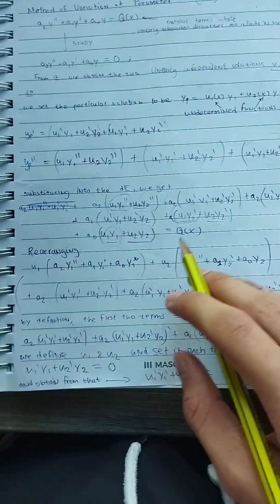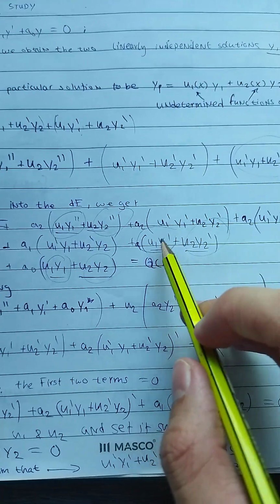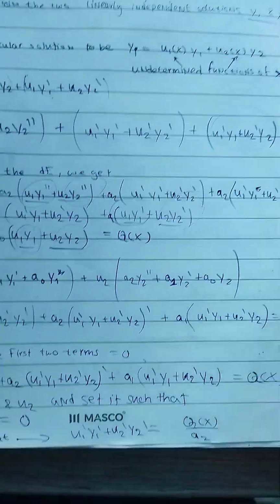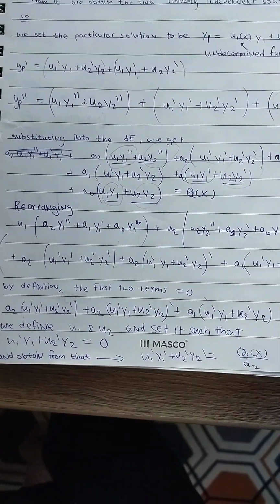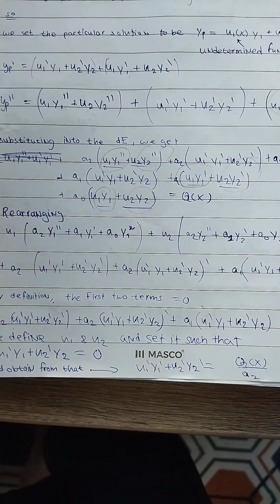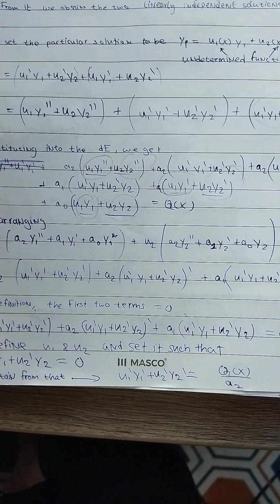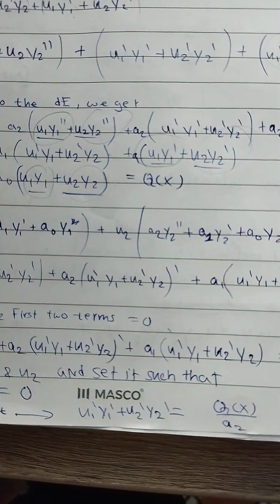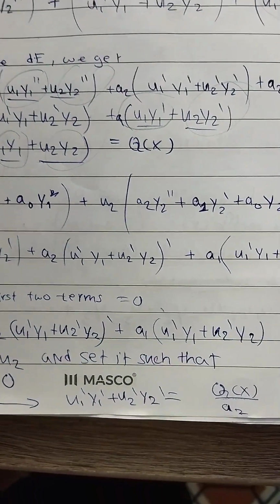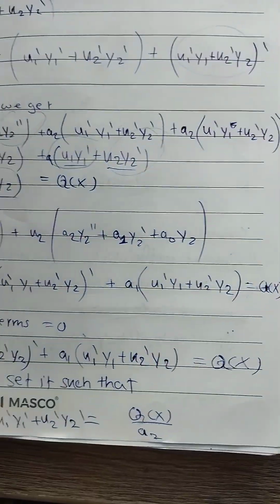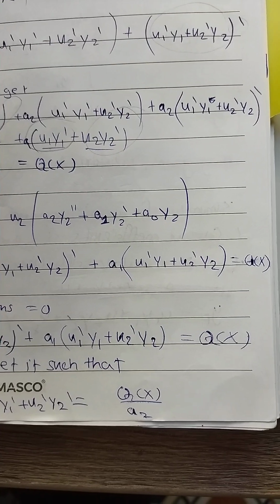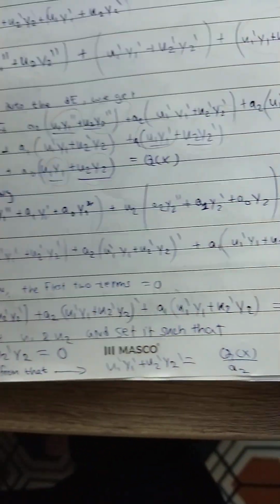Then we have these remaining terms, which I described to you: a2 of u1 prime y1 prime plus u2 prime y2 prime, plus a2 of (u1 prime y1 plus u2 prime y2) prime, plus a1 of the same term again, u1 prime y1 plus u2 prime y2, which equals q of x.